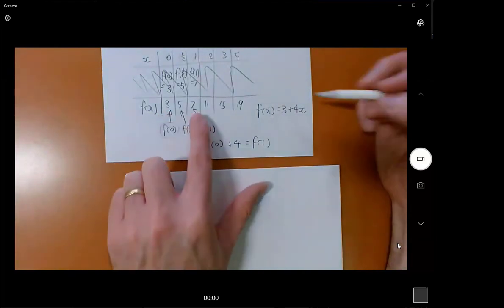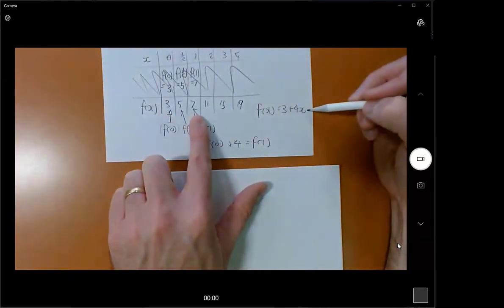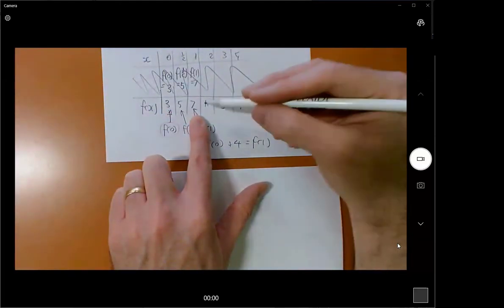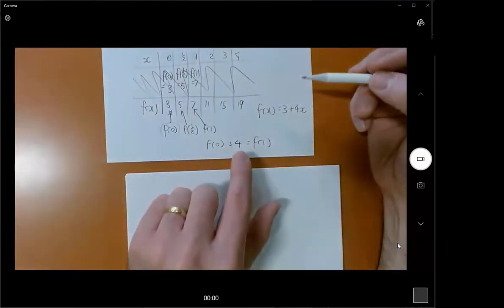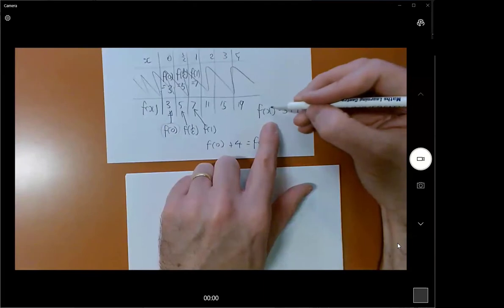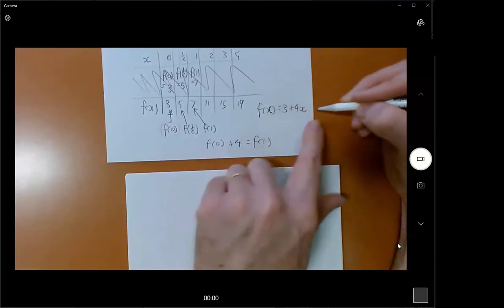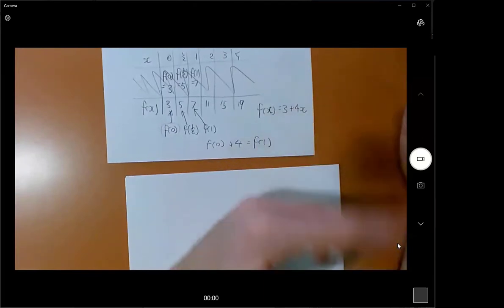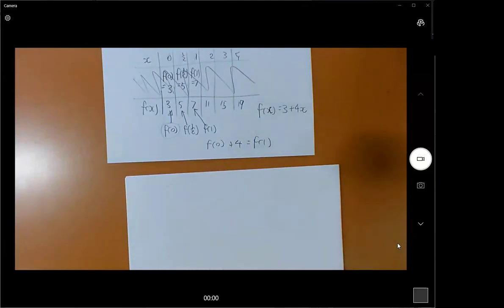And f of 1 is 3 plus 4 times 1, which is 3 plus 4, which is 7, which gives me the correct answer. And so in order to use the formula, you can replace the number x with whatever number you're thinking of, and that'll create the answer to the formula. Okay, cool. And that's the most common way of describing a function in mathematics, via a formula.